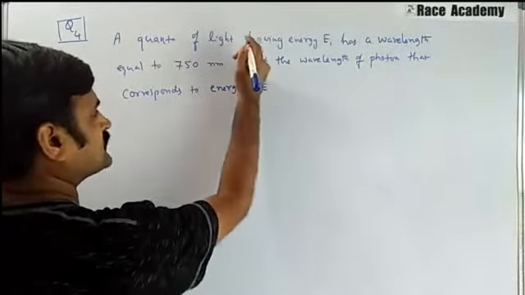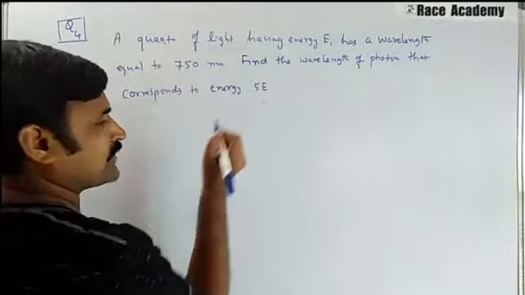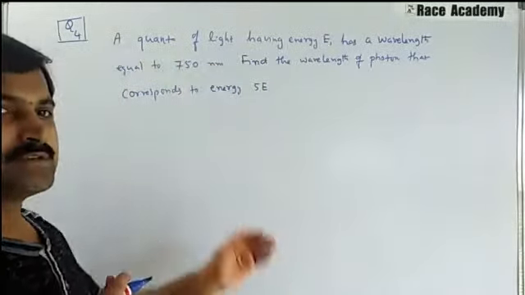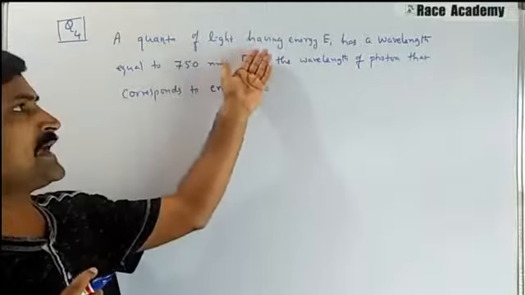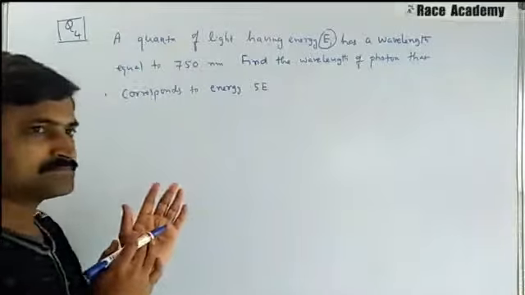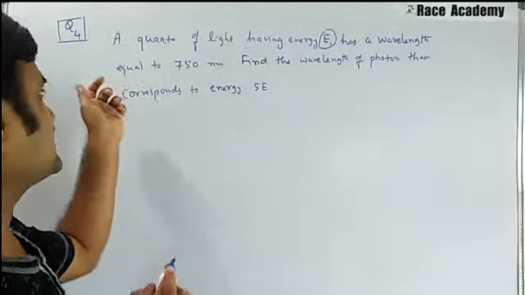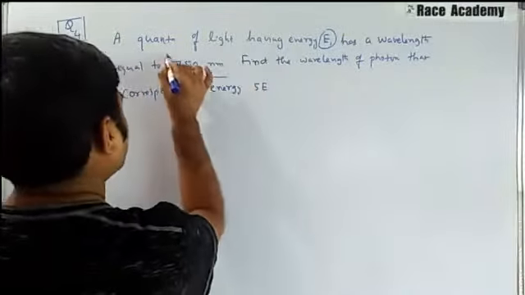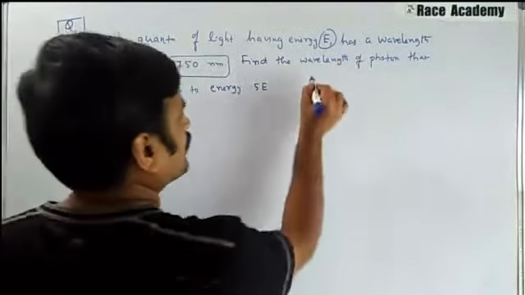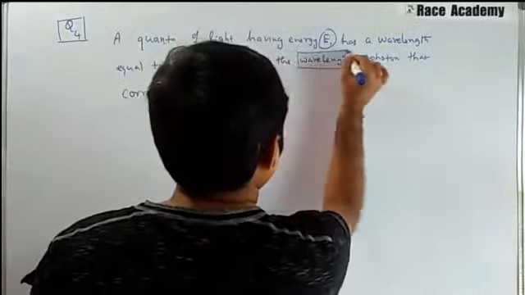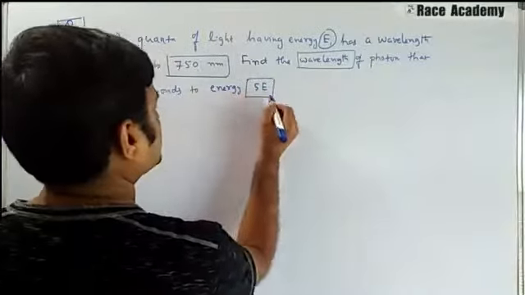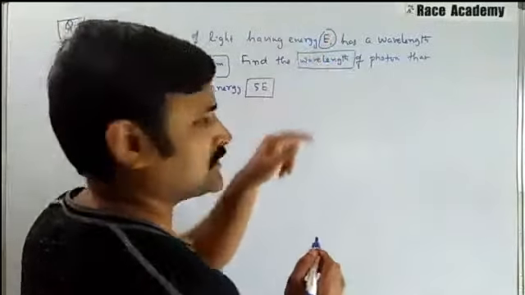That means 5 times the first one. That is the question. So once again, a quanta of light having energy E, this is the energy of that packet of energy, has a wavelength value given. Then find the wavelength of a photon that corresponds to energy 5E, that means 5 times this first one.